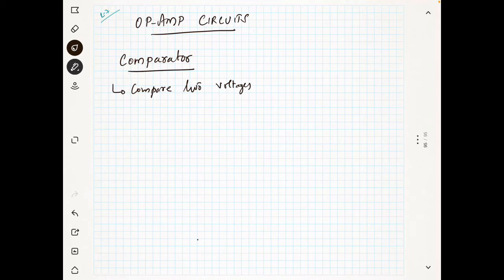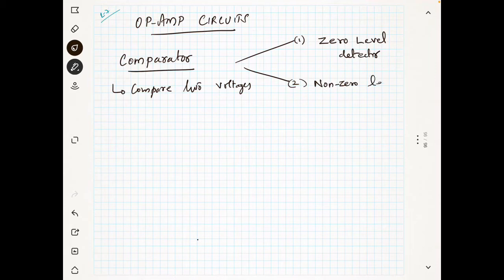One type is nothing but a zero level detector, and the second one is a non-zero level detector. First of all, we will be discussing the zero level detector.